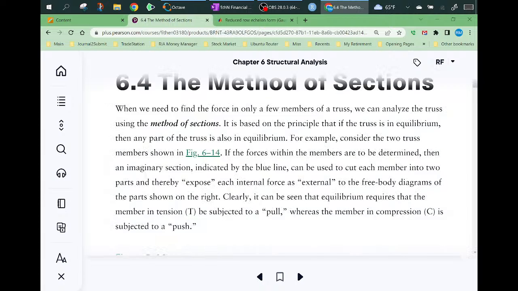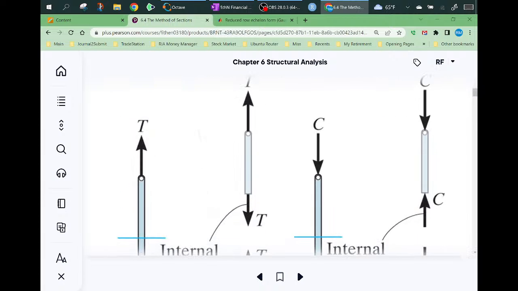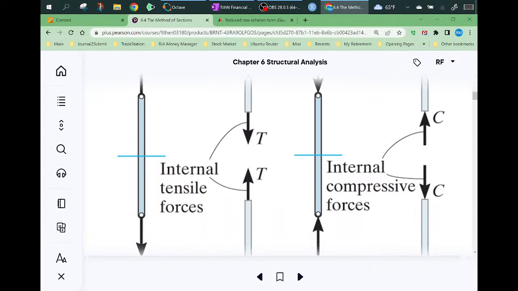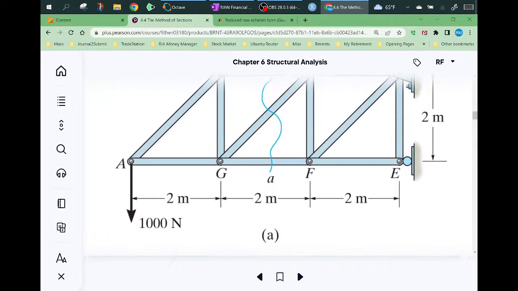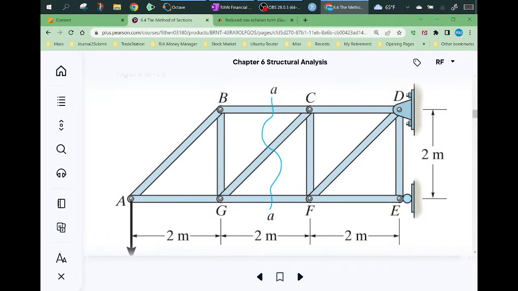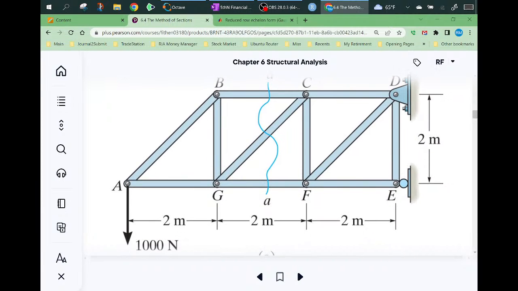In the method of sections, all you're doing is slicing a member. Obviously, in this one, he's going to want to know the force between B and C, G and C, and G and F. So he essentially slices it. What's interesting is one person in the room can look at the left hand slice, and another person in the room can look at the right hand slice, and you should work it through and get the exact same answer.